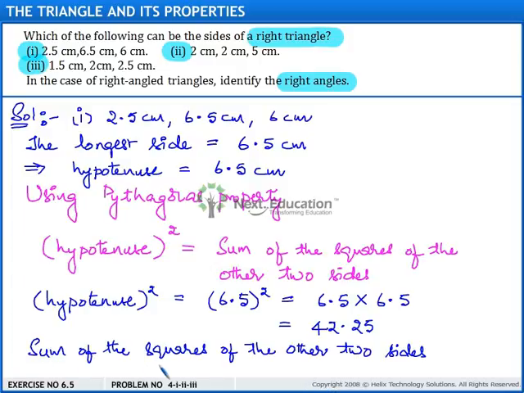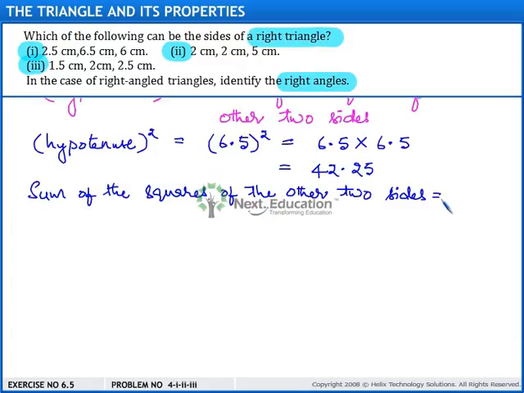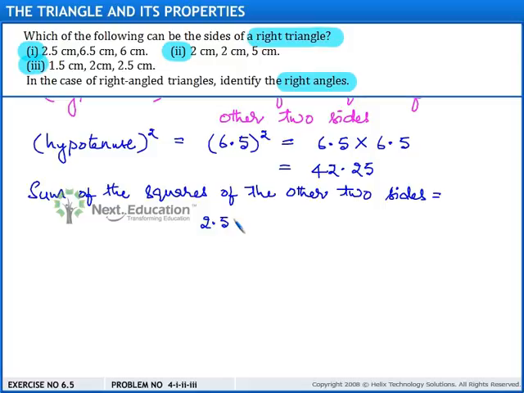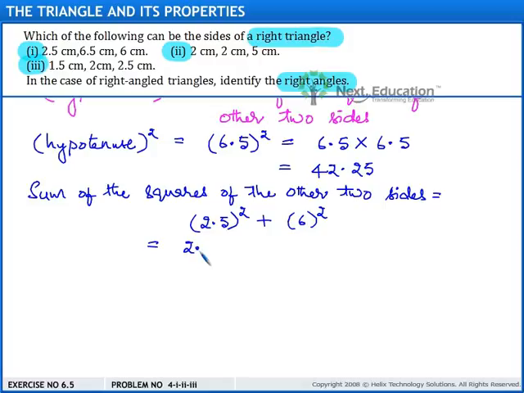Now, sum of the squares of the other two sides is equal to 2.5 whole square plus 6 whole square. So this can be written as 2.5 into 2.5 plus 6 into 6.